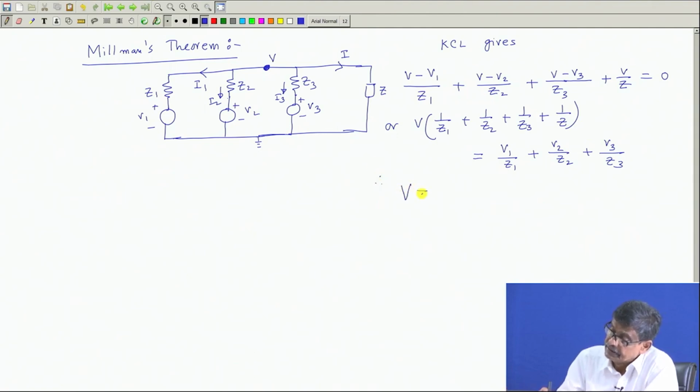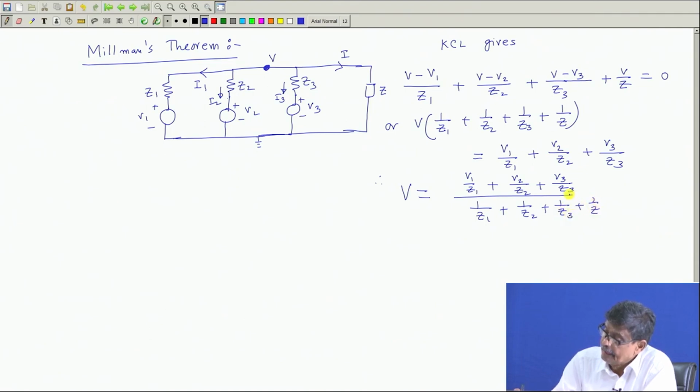Therefore, this voltage V is equal to V 1 by Z 1 plus V 2 by Z 2 plus V 3 by Z 3 divided by the sum of all the impedances' reciprocals. So, Millman's theorem says that if there are several voltage sources along with their internal impedances connected in parallel, and supplying a load, then this voltage can be easily found out.